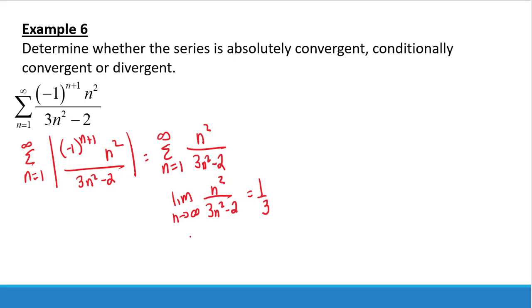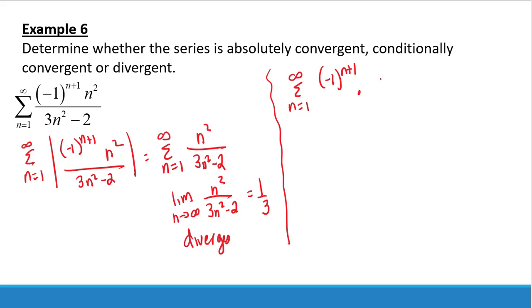So then what I look at is, could it be conditionally convergent? Without the absolute value signs, could this be convergent? And it's an alternating series, so I do my alternating series test, and again, I look at this limit, and that again equals 1/3.